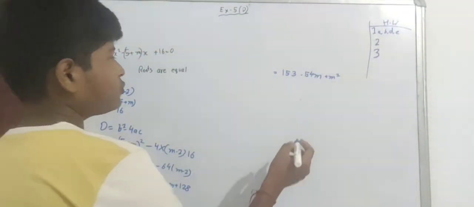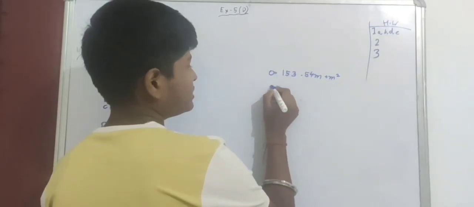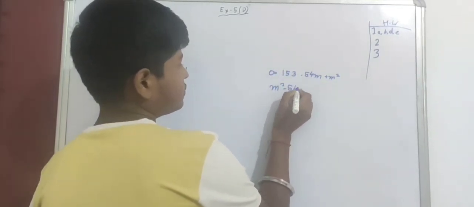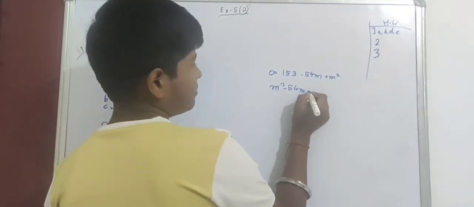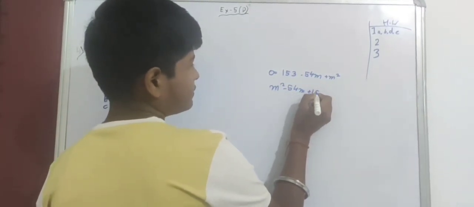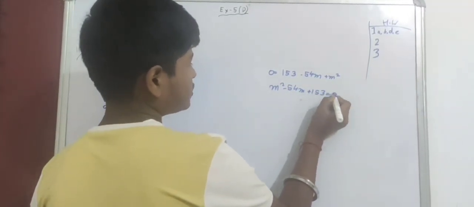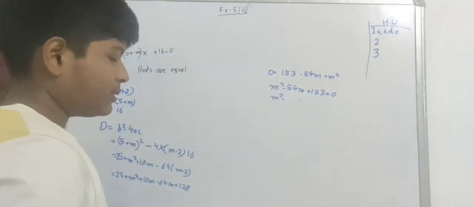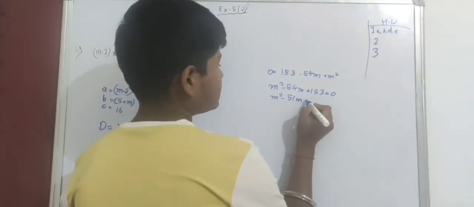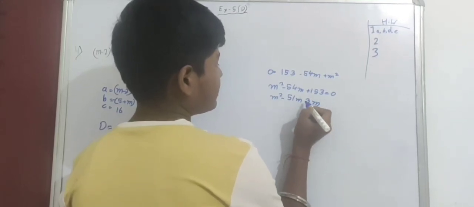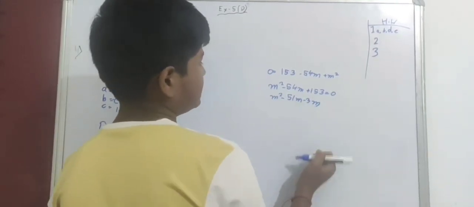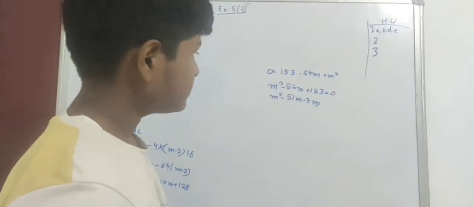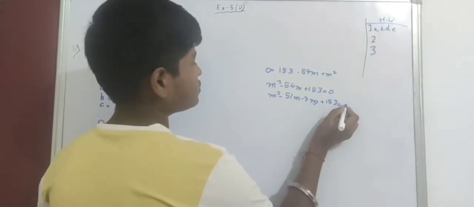Now here we have to do the middle term split. Arrange it in sequence: m square minus 54m plus 153 is equal to 0. Now we have to split minus 54 into minus 51m and minus 3m. This will be m square minus 51m minus 3m plus 153 is equal to 0.